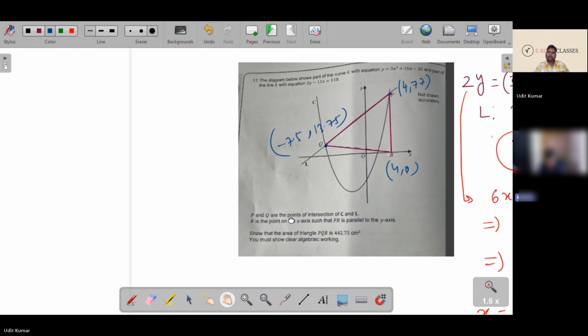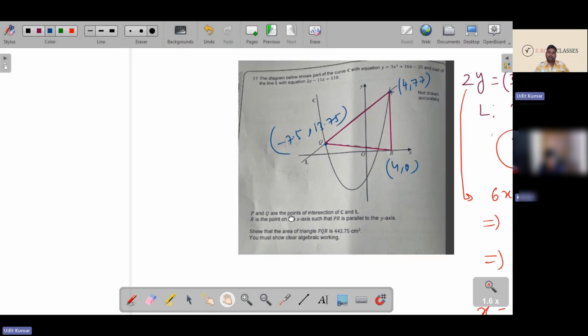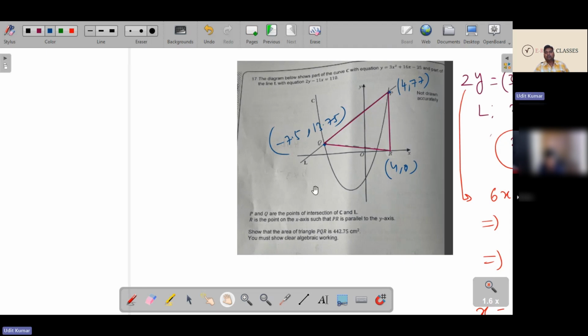The formula for area is not just half base times height. That is only possible if it is a right angle triangle. Do you think it's a right angle triangle? No. You can still calculate the height by drawing a line in between, from R perpendicular to PQ.